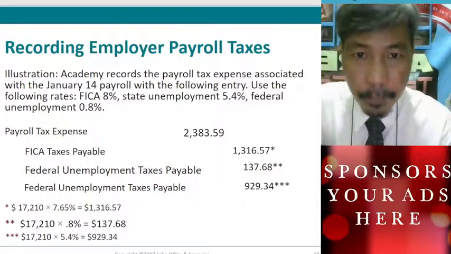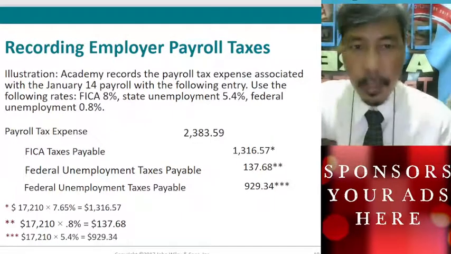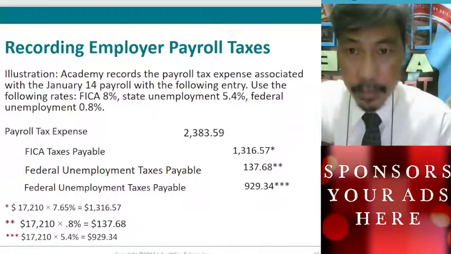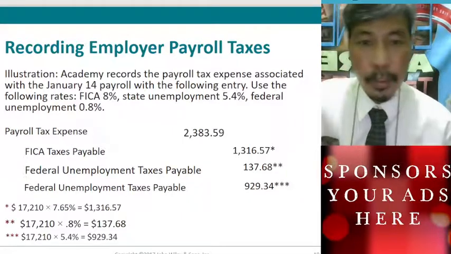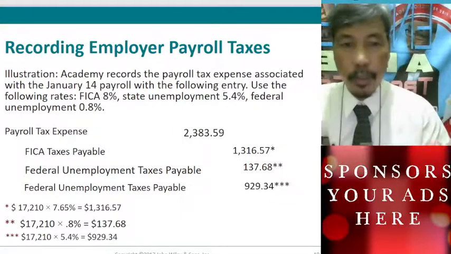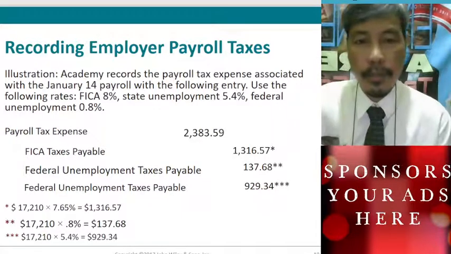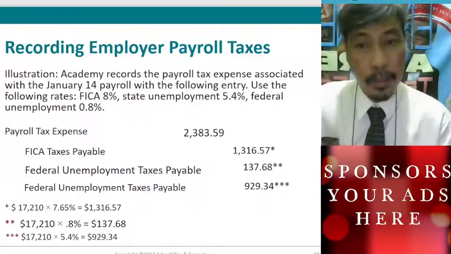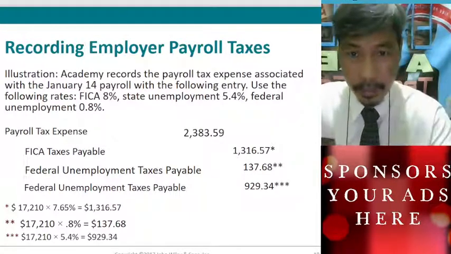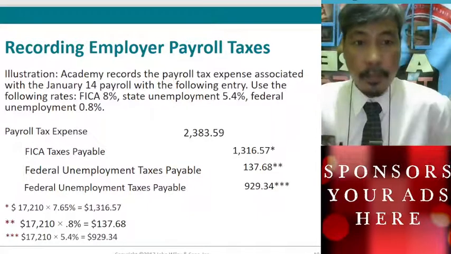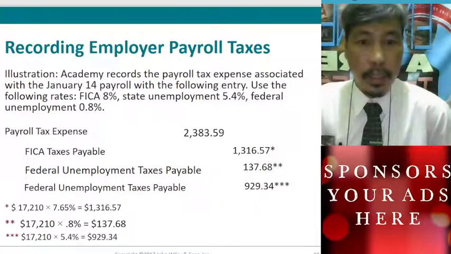So we have an example: payroll tax expense. That is an expense, so you have to debit 2,383. What are those involved? FICA payable, not yet paid but already recorded, 1,300.